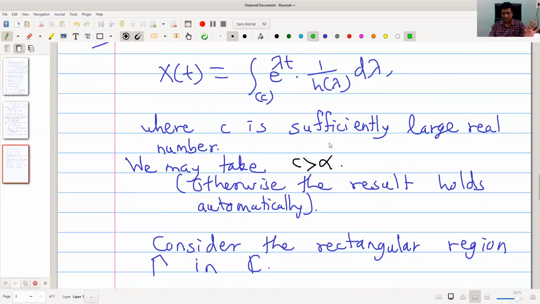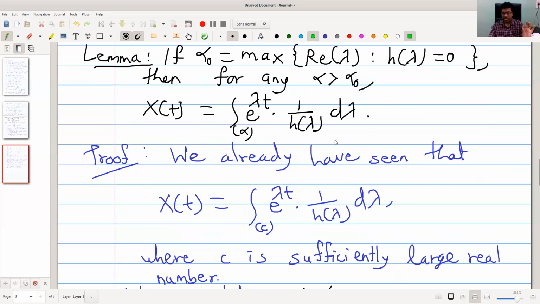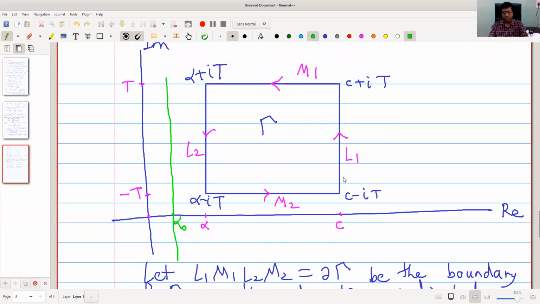It is guaranteed that in this region the denominator of the function e raised to lambda t upon h of lambda will never be 0. That means this function will be analytic. And if a function is analytic in this region, then by the Cauchy-Goursat theorem, the integral along this boundary will be 0. So we are going to use that result.